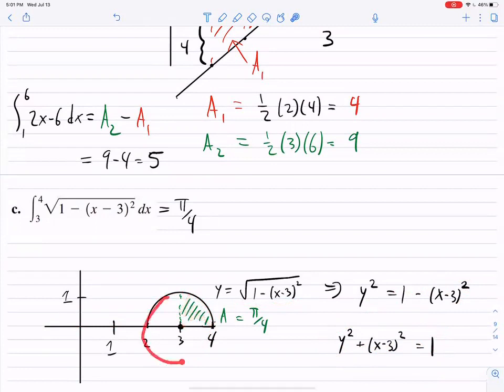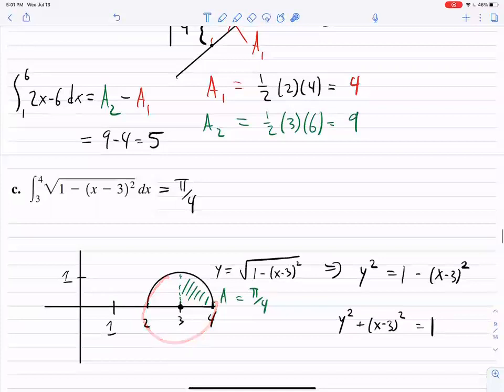The area of a circle of radius 1 is pi, because pi r squared. And so it's a fourth of that, so it's pi over 4. So this definite integral is pi over 4.